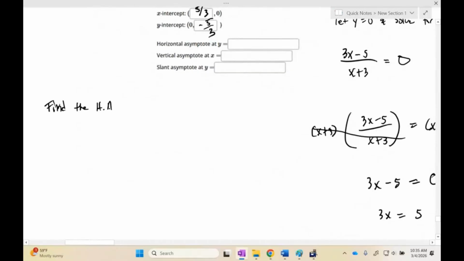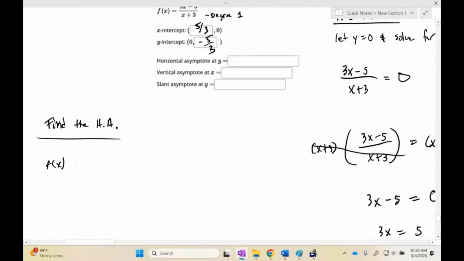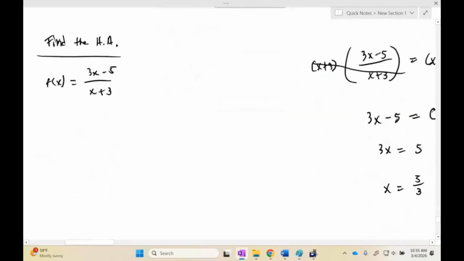Find the horizontal asymptote: f of x is equal to (3x minus 5) over (x plus 3). What's the largest power on my variable x? It's 1. So I want to divide everything by x to the first power.